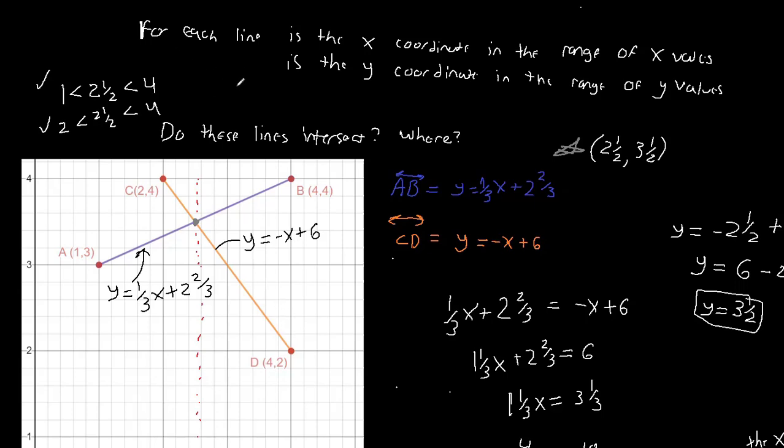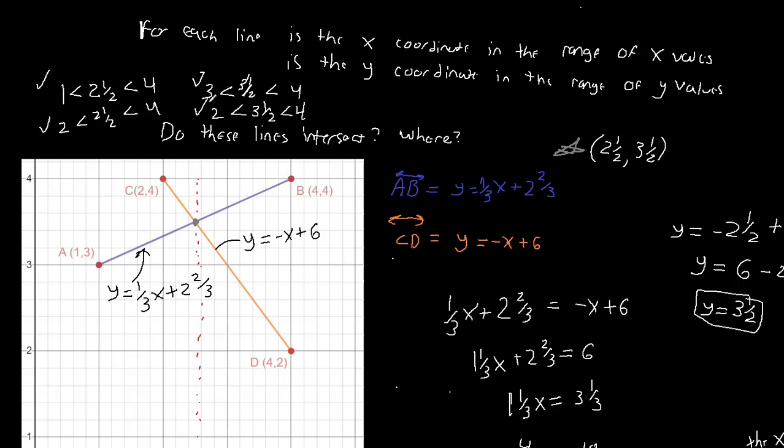Then we do the same thing for the y. Is 3 less than 3.5 less than 4? The answer to that is yes. And then finally, going again from lowest to highest, is 2 less than 3.5 less than 4?